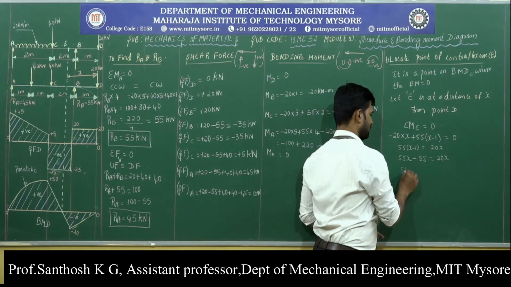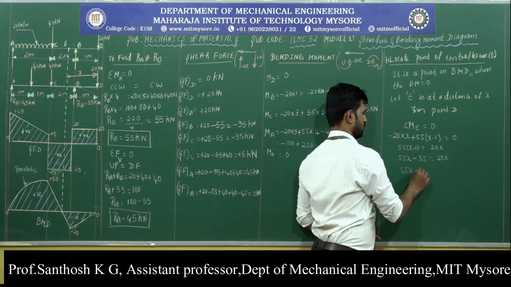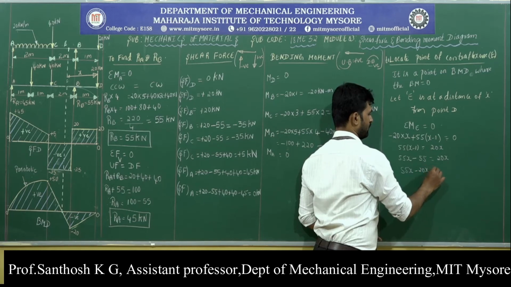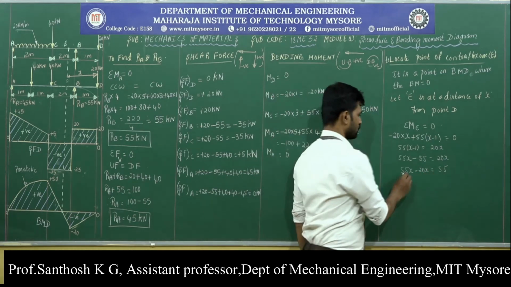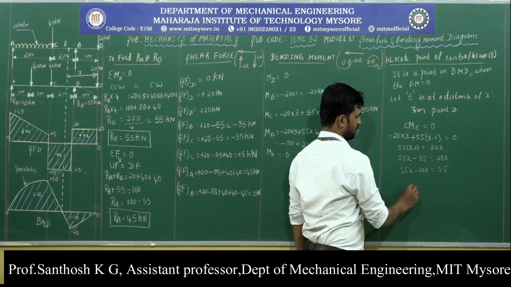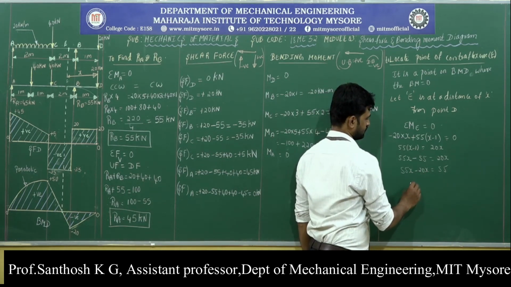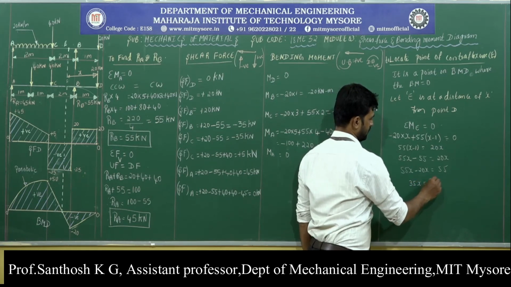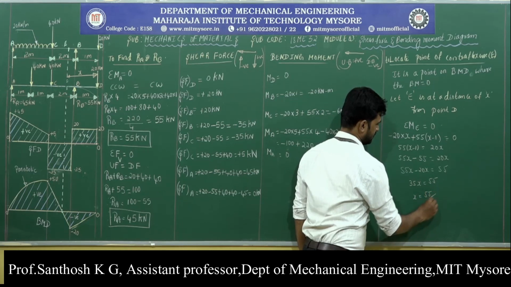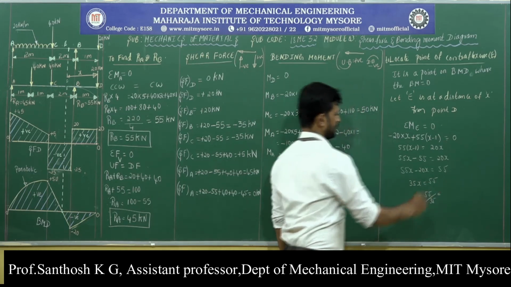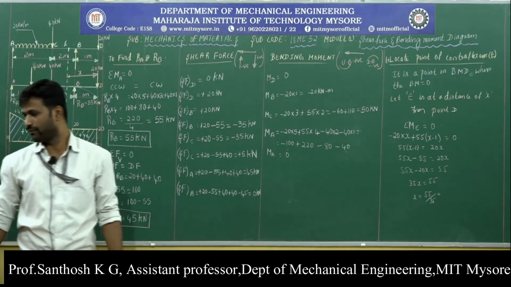Send the 20x towards left side and 55 towards right side. So 55x minus 20x is 35x equals 55, or the value of x is 55 divided by 35.